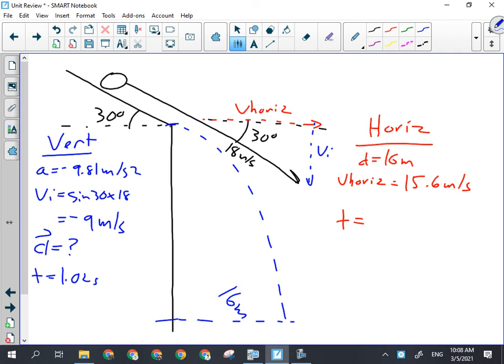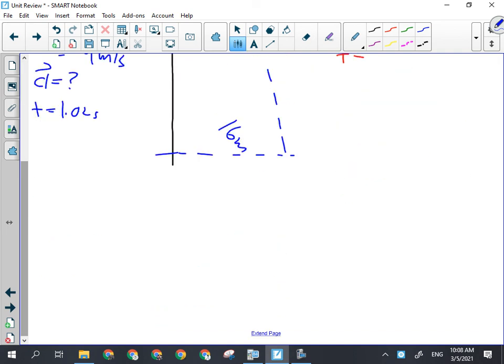Okay, and now I can calculate d using this. I could also calculate VF and then calculate d if I wanted to do it in 2 steps, but again, why? When we can do it in 1. Okay, not that you get it wrong, you get it right, it would just take you longer.